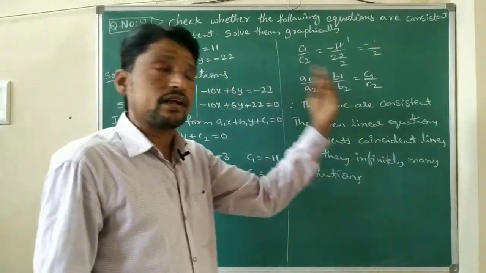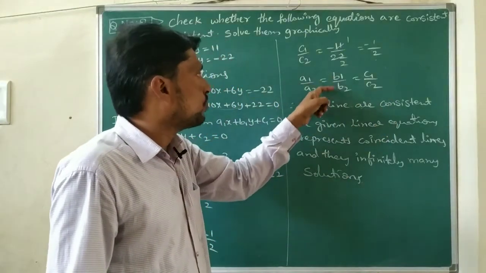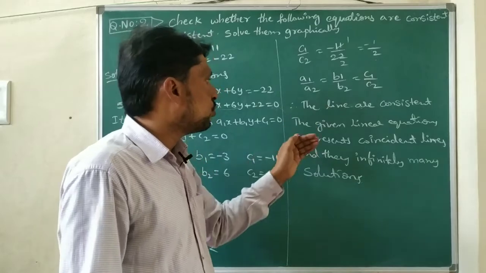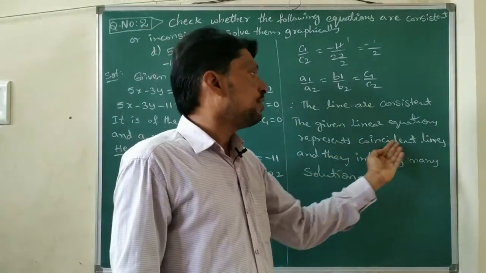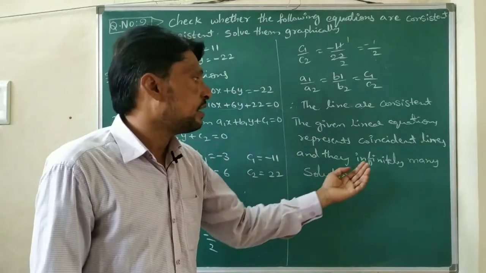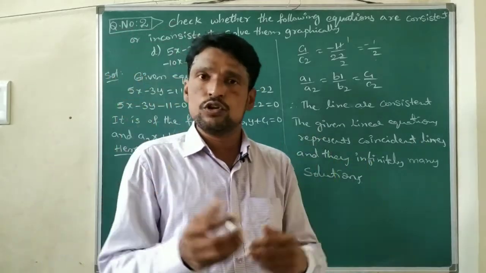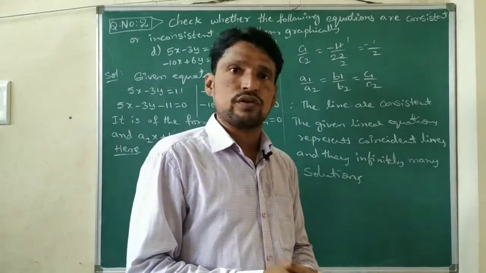The given lines are consistent. a1 by a2 equal to b1 by b2 equal to c1 by c2 means that all ratios are equal, which means the lines are coincident. So in coincident lines we get infinitely many solutions.